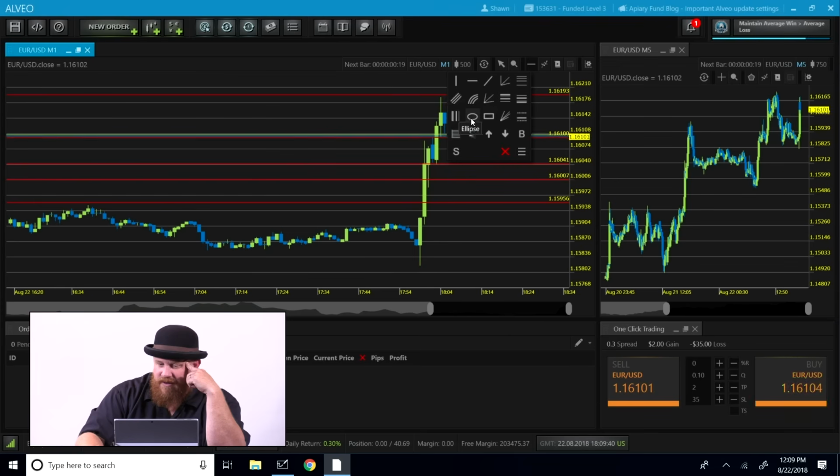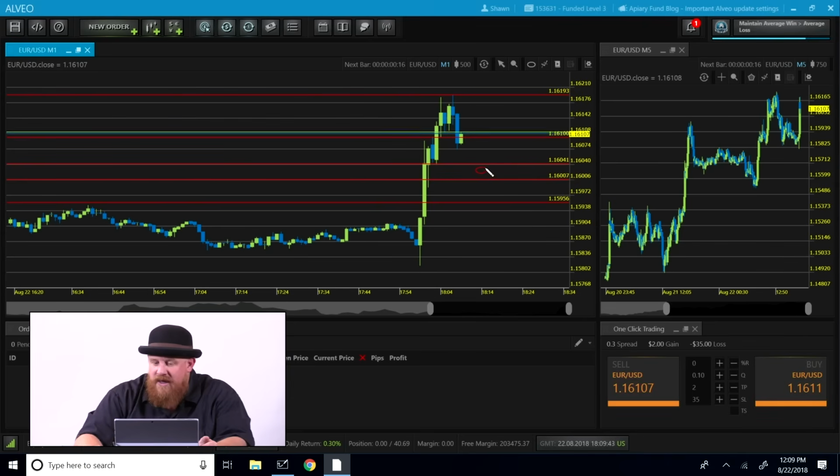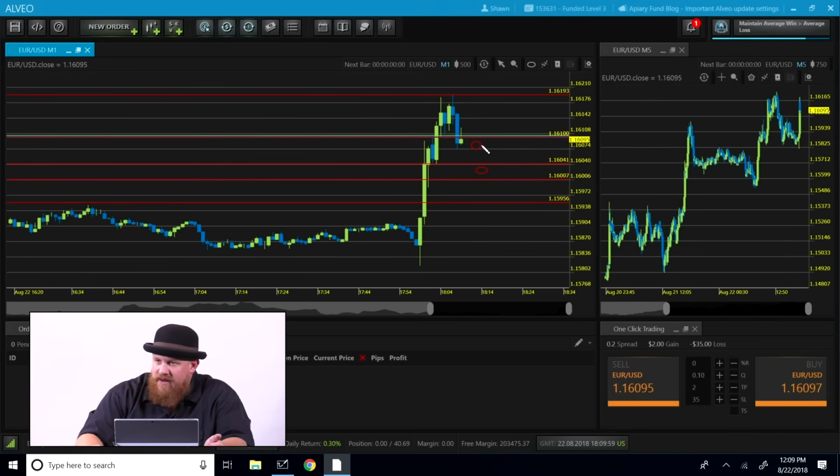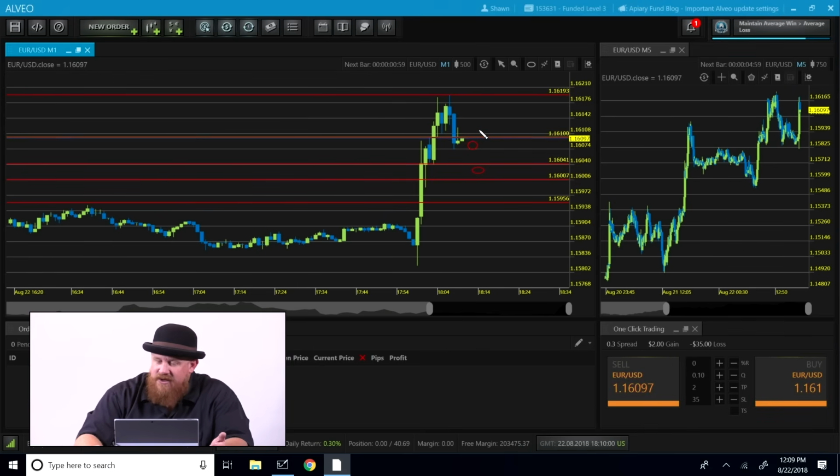A stop would be placed somewhere below that red line, or if we're trading above it, I may adjust that stop up underneath the next red line.